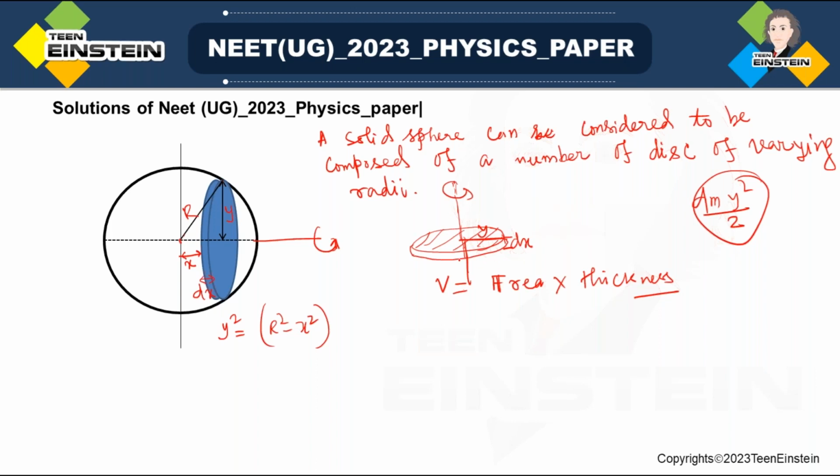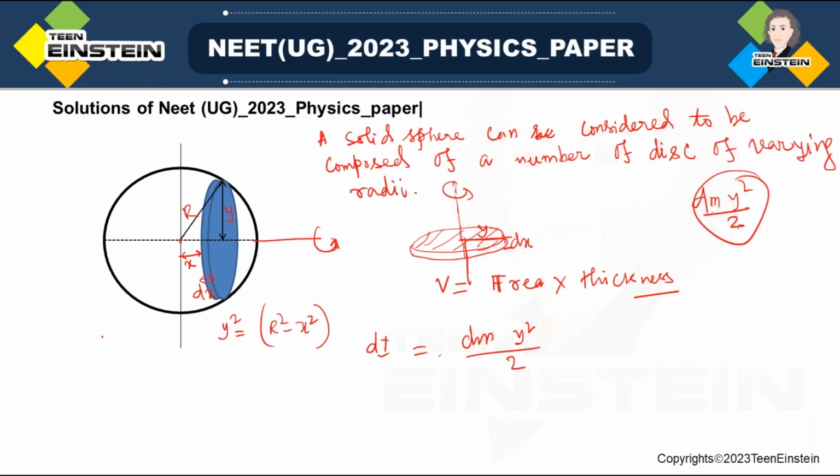So this is dm into y square by 2. This is the moment of inertia of the elementary disk, dm y square over 2.